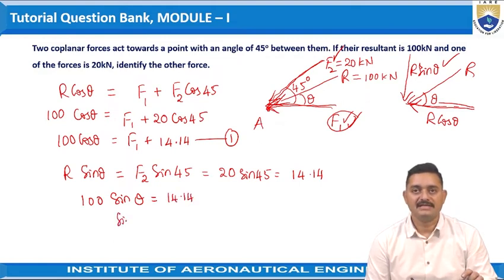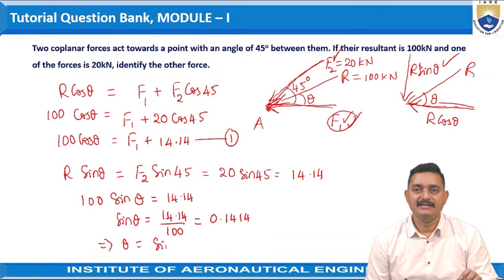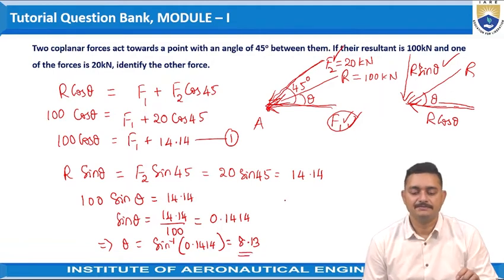From this, sin theta is 14.14 by 100, which is 0.1414. So theta is sine inverse of 0.1414, which is equal to 8.13 degrees. So this is the inclination.